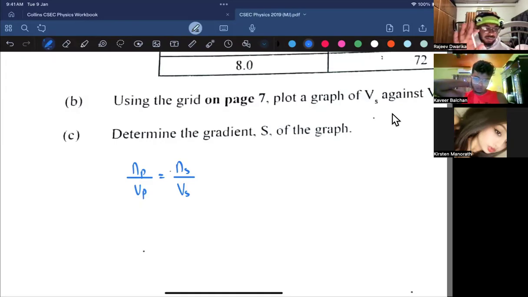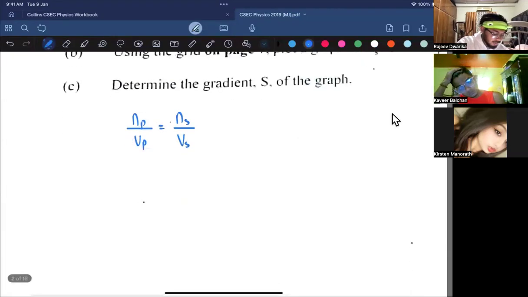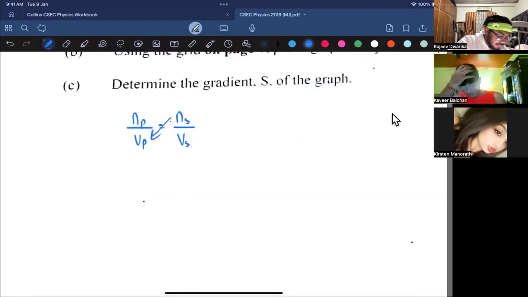Now let me show you something. If I were to swap the VP and the NS, it would still mean the same thing.